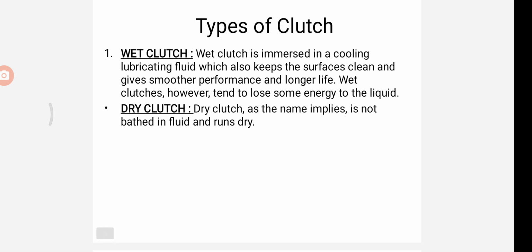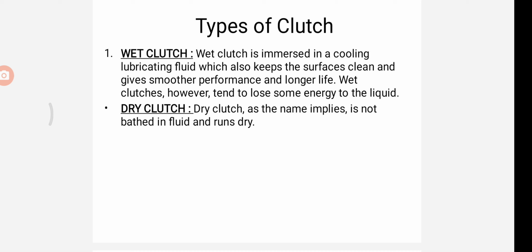Again, clutches are divided into two types, the wet clutch and the dry clutch. A wet clutch is immersed in a cooling lubricating fluid which also keeps the surfaces clean and gives smoother performance and longer life.